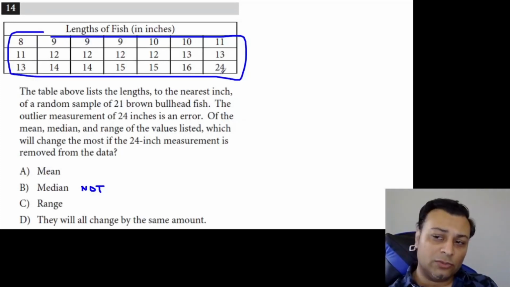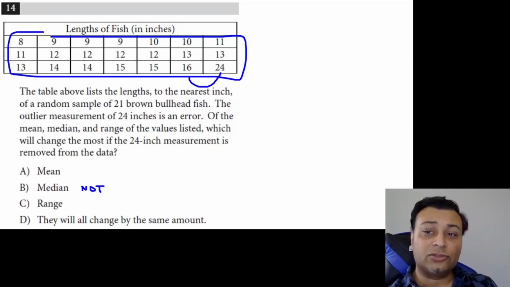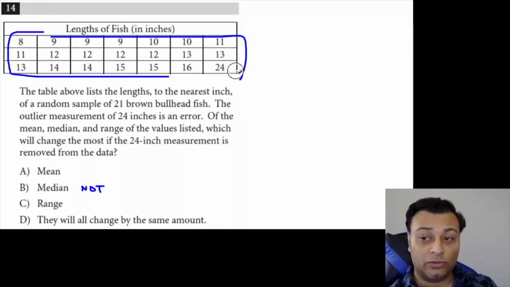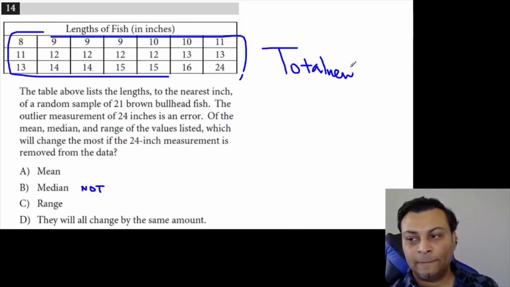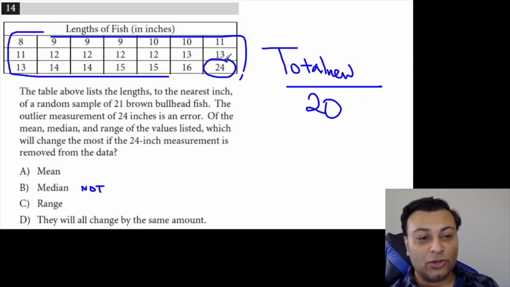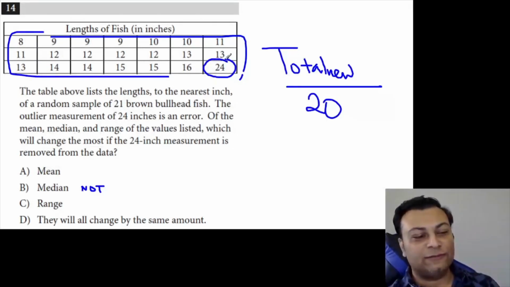And then the total will drop by 24 when you remove this 24. The total will decrease by 24. But then, to calculate the mean, you need the new total over 20. When you remove 24 from the total, the new mean is not 24 lower.